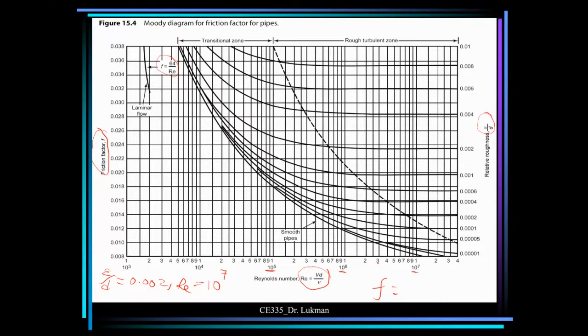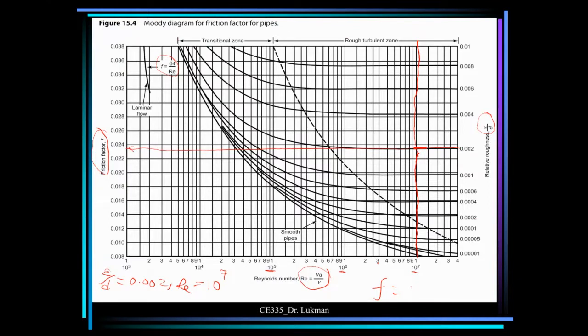So to get our friction factor using the Moody diagram at Reynolds number 10 to the power of 7, we only need to draw our vertical line, and then see where it cuts the relative roughness curve. This is where the relative roughness is reached. And then we stretch it along to the friction factor axis and read it.